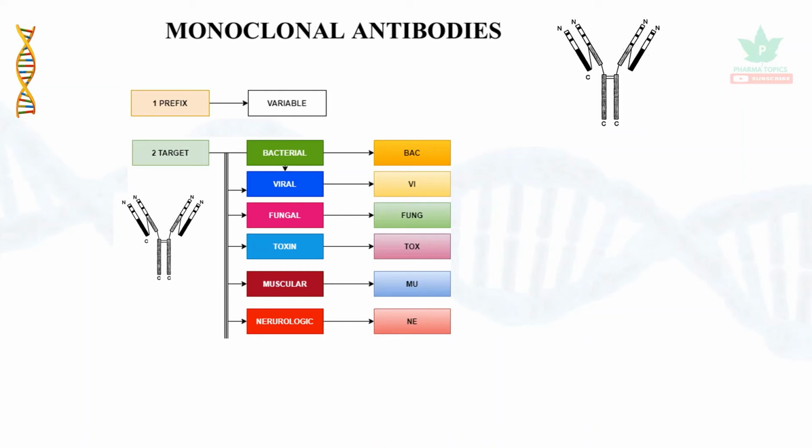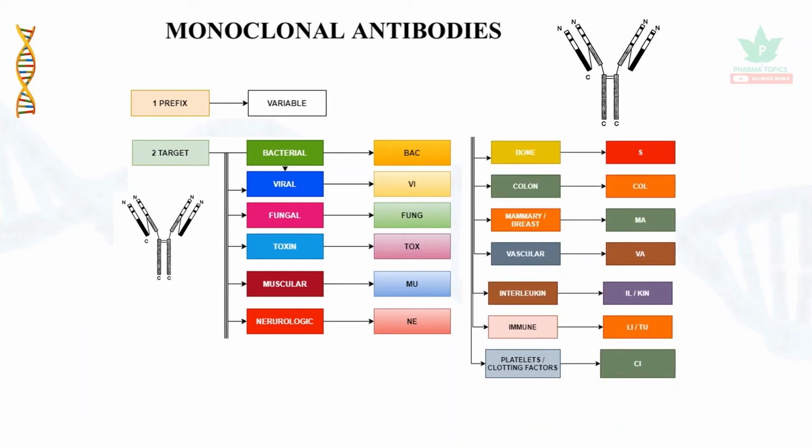So for bacterial infections, the monoclonal antibody nomenclature will have BAC in its name. VI for viral, FUNG for fungal infections, TOX will be there in the nomenclature for the monoclonal antibodies given as antitoxins, MU for muscular diseases, and those monoclonal antibodies given for neurological diseases will have NE in its nomenclature.